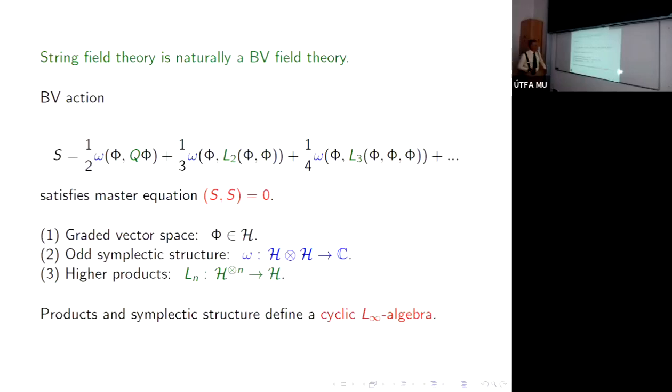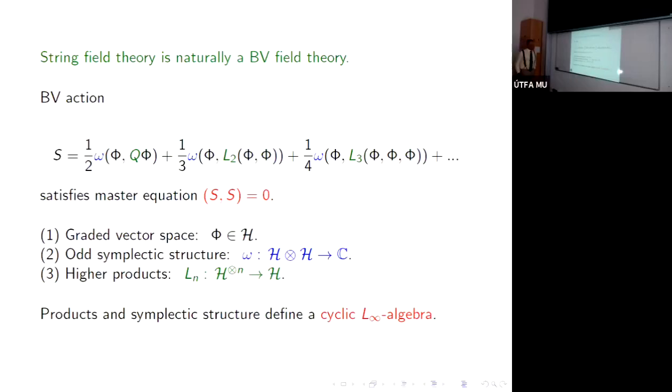In addition, the theory comes with a sequence of higher products, L_n. These are maps which take n fields and spit out a field. So they multiply n fields and give you another field. In principle you have an infinite sequence of these higher products, starting with Q, and then L2 and L3, and so on.